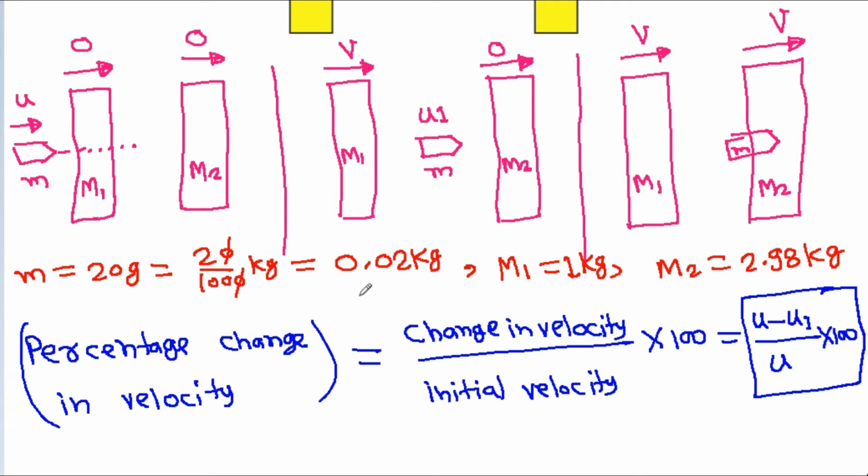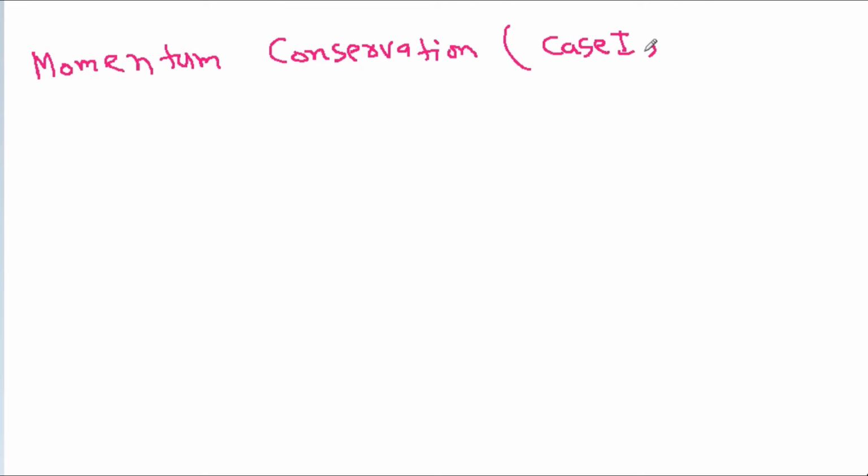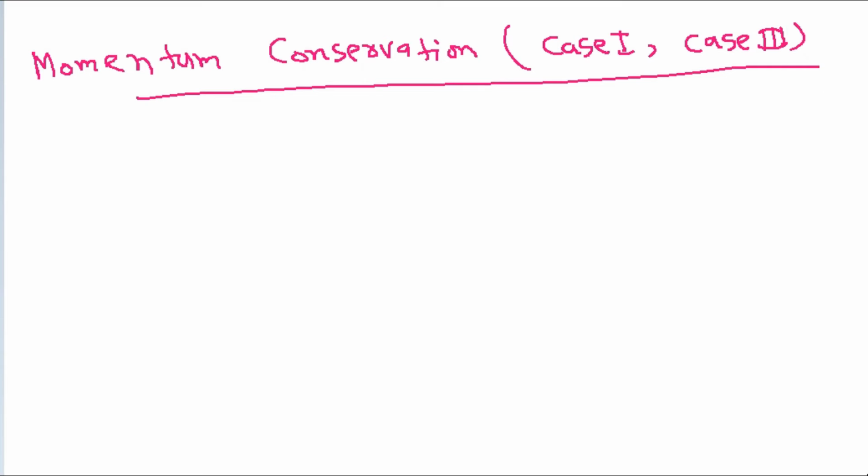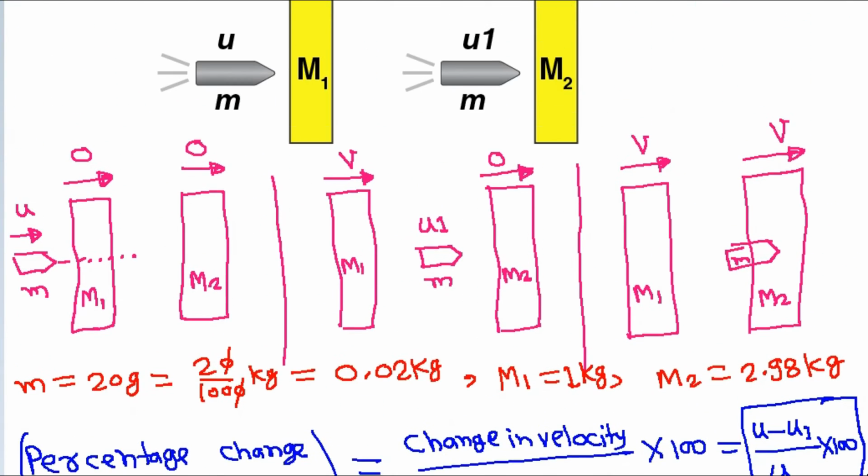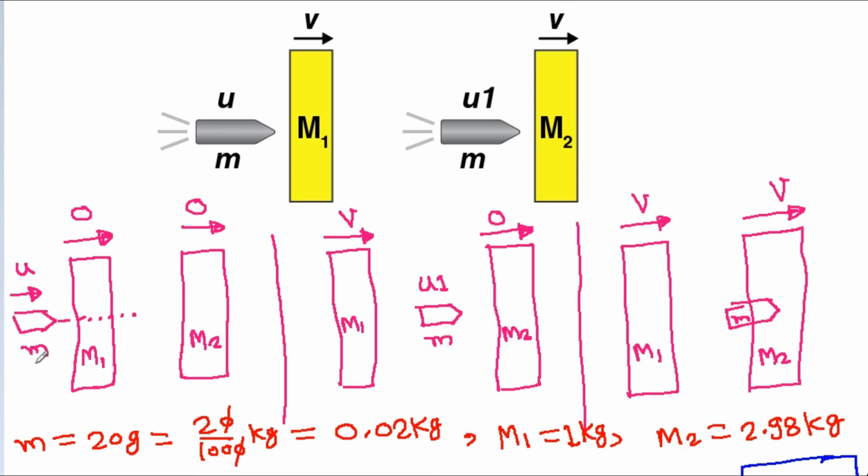So we can use momentum conservation between case 1 and case 3. In case 1, the small m is moving with velocity u, and in case 3, m1 is moving with velocity v, and m2 plus m is moving with velocity v.